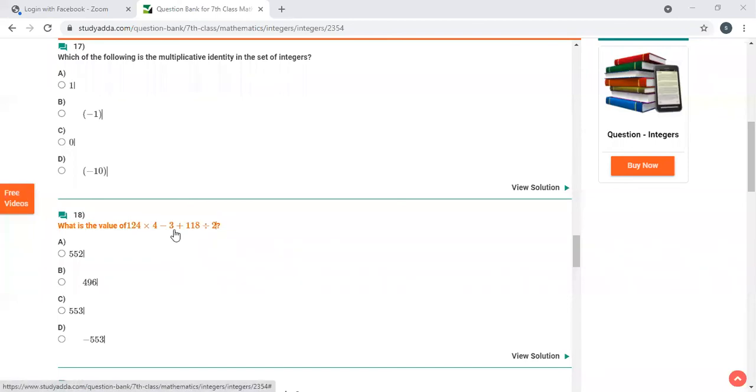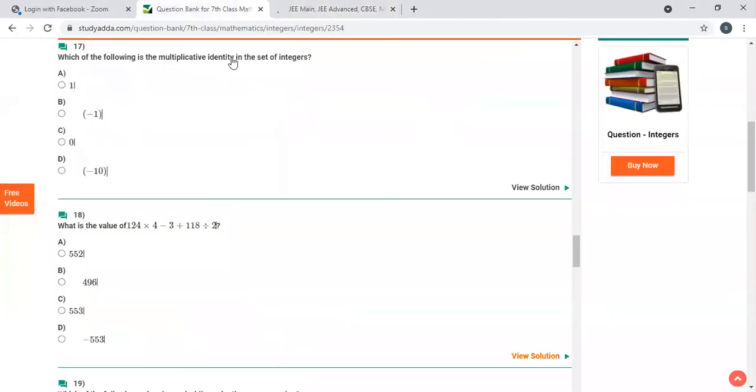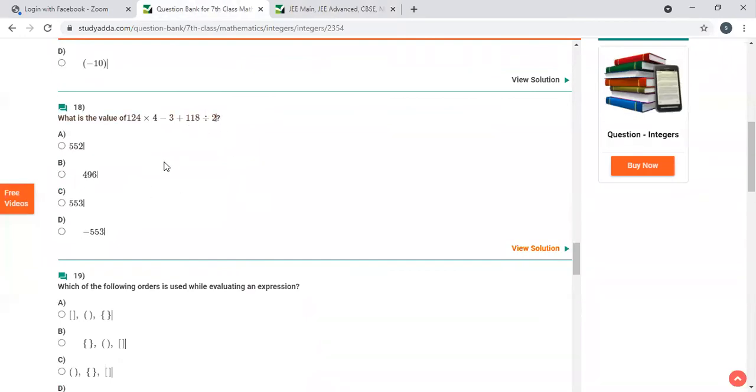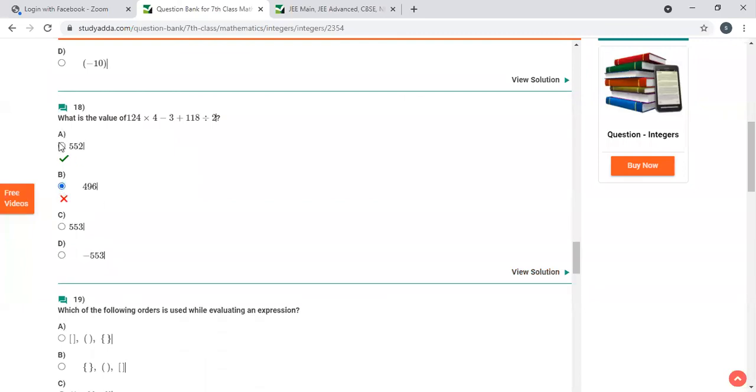So please follow the correct order. Divide, multiply, add, then subtract. Tell me the answer. First answer is correct, 552.